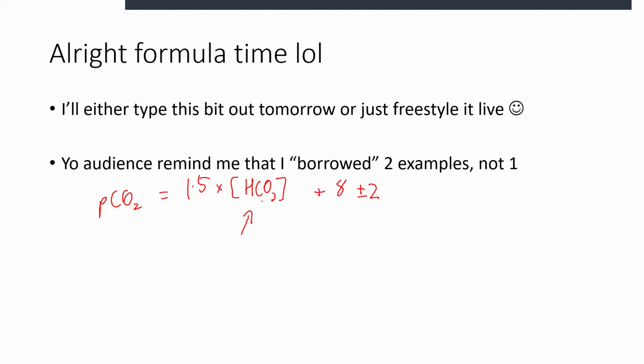You put it into the equation, find the numbers, and then you get the expected carbon dioxide level in the blood. If the actual carbon dioxide level isn't within the range, then there's a second problem. If the CO2 is too high, then other than the metabolic acidosis, you also have a respiratory acidosis. If the CO2 is too low, then on top of the metabolic acidosis, you have a respiratory alkalosis.